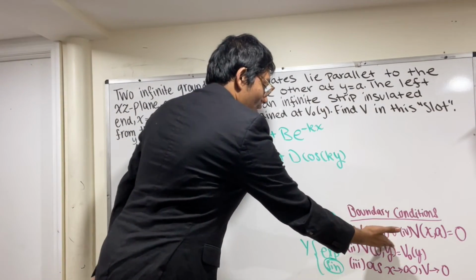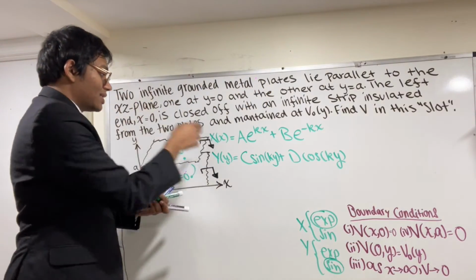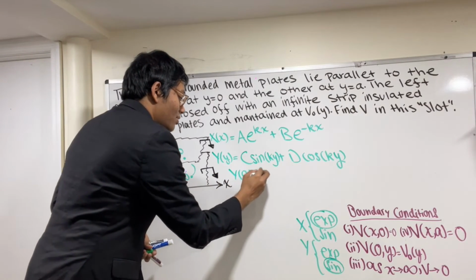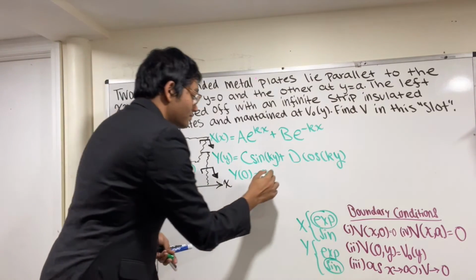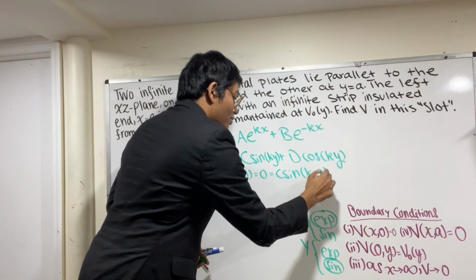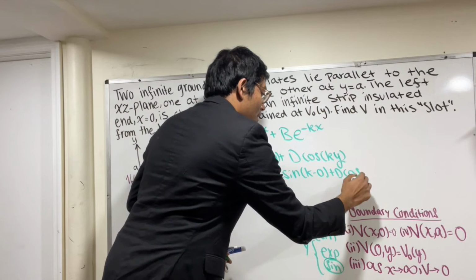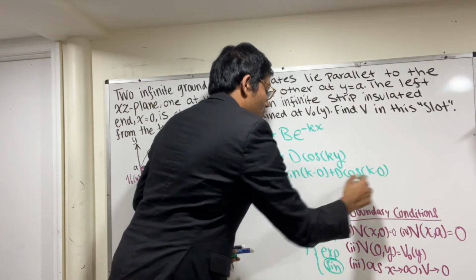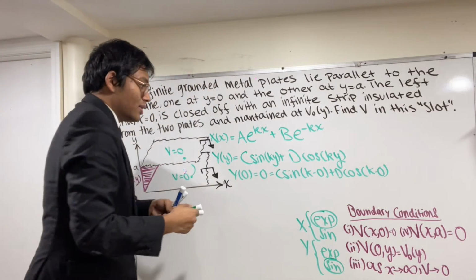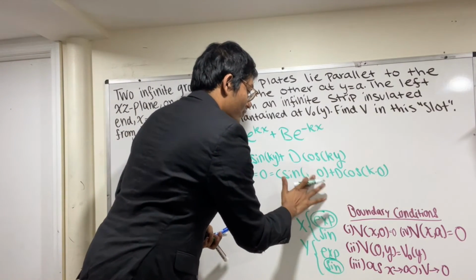We know that when y is 0, the electric potential should be 0. So let's plug it in here. Okay, so y of 0 should be 0, is it? Let's see. So c sine of k times 0 plus d cosine k times 0. Okay, well, k times 0 is just 0. So let me just write 0 for here in the inside.